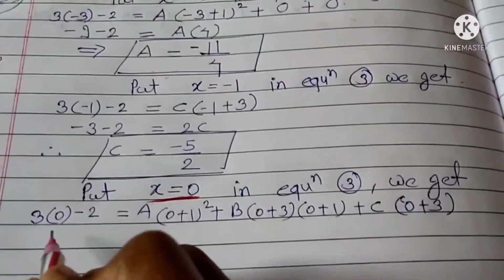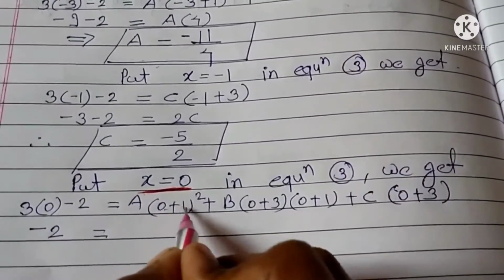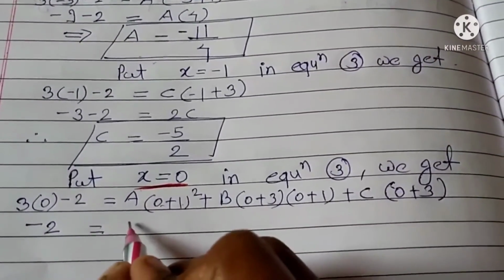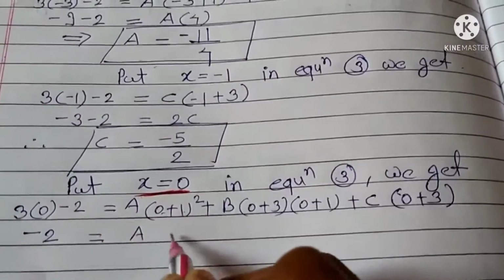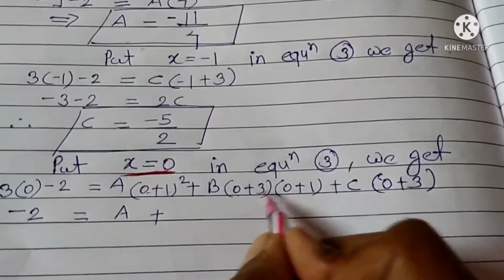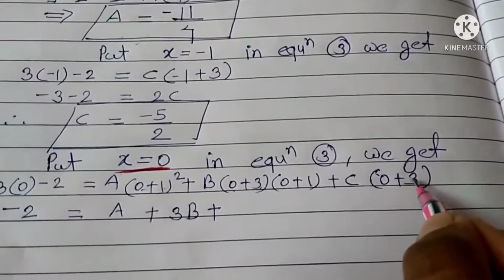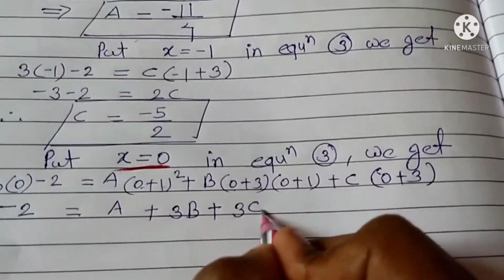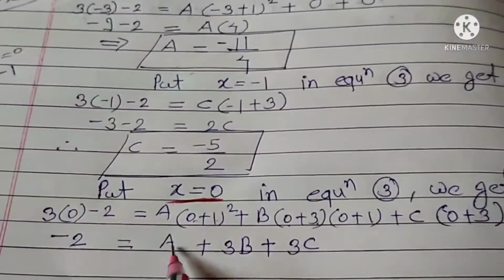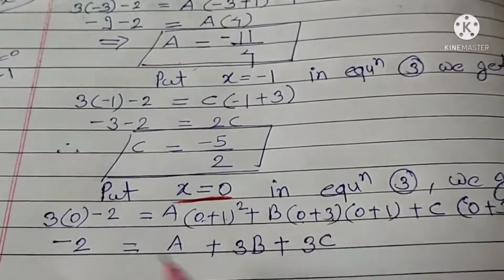Now calculate all the terms. So it is minus 2, which is equal to 0 plus 1 square, which is 1, so 1 into a is a, plus 0 plus 3 is 3, 0 plus 1 is 1, 3 into 1, so it is 3b, plus 0 plus 3 is 3, so it is 3c. Now we know that the value of a is minus 11 by 4 and the value of c is minus 5 upon 2.